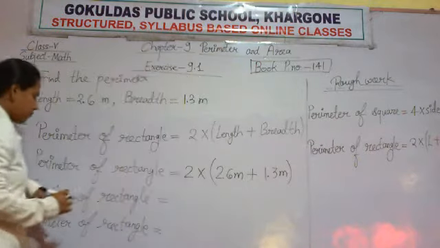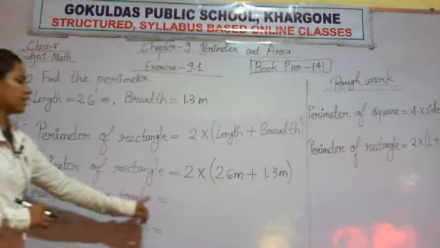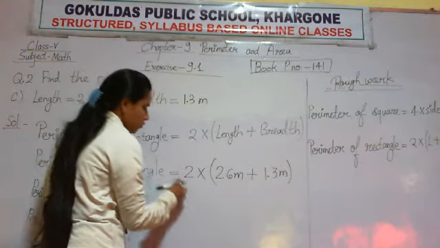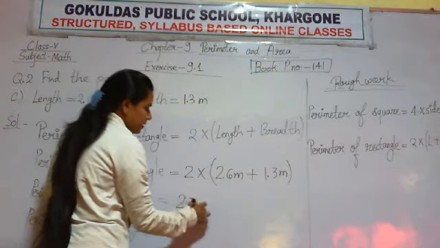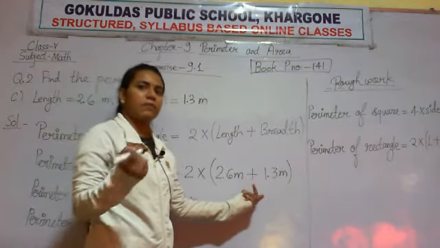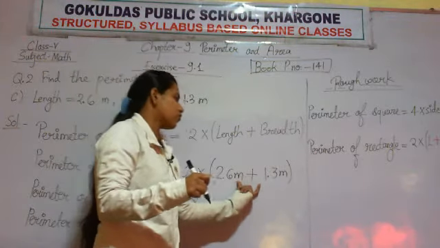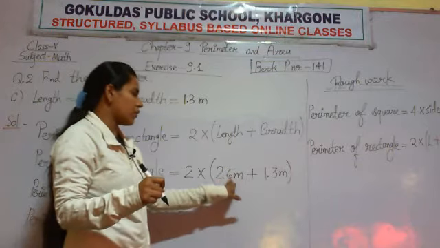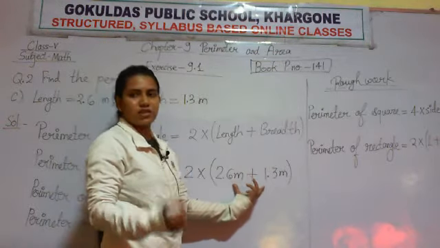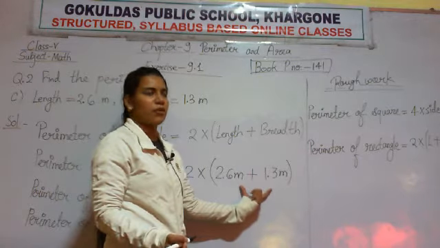Now in the next step we will write perimeter of rectangle is equal to 2, here is there. So copy down 2 as it is, multiply symbol as it is. Now as you know, first of all we solve the brackets. In the bracket 2.6 plus 1.3 is given. You want to add these two numbers, 2.6 with 1.3.